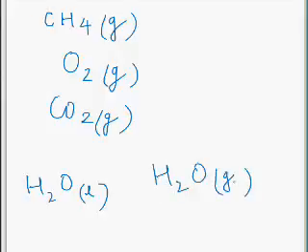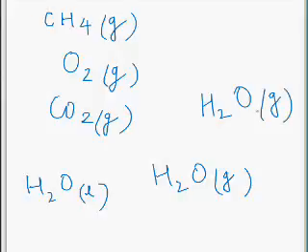But in this case, methane gas burns in oxygen gas to form carbon dioxide gas and water vapor or steam. So water is in the gaseous state here, and we will write H2O in gaseous state.